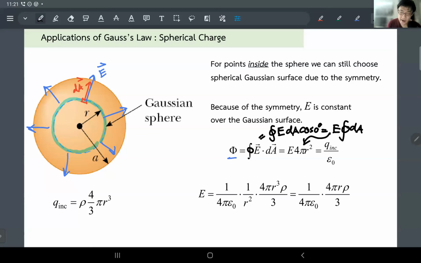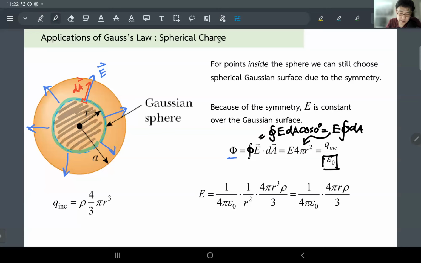Cool. And then you have to equate this with the charge inside this Gaussian sphere, and then all you need to do is just divide it by epsilon naught, right? How much charge do you want to put here, guys? And the answer is very good. Whatever you're thinking is correct. You only care about this amount of charge.